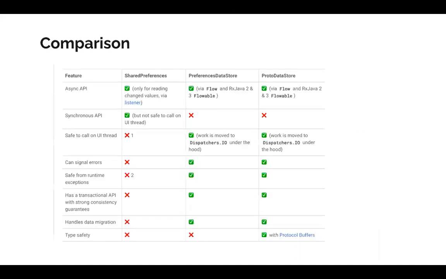So let us look at the comparison of shared preferences, Preference DataStore, and Proto DataStore. For the asynchronous API, shared preferences only supports reading values via a listener, but for Preference and Proto DataStore, we have that via Flow or RxJava Flowable, if you're using RxJava in your project.